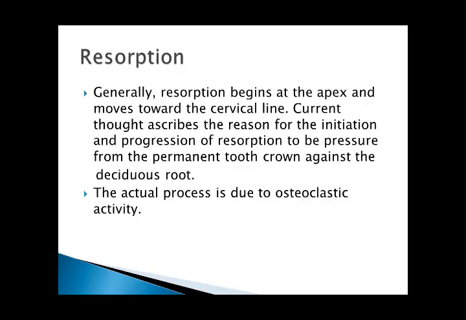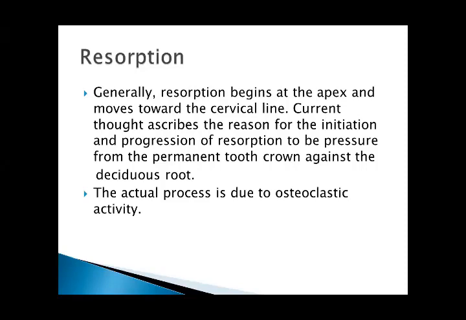Generally, resorption begins at the apex and moves toward the cervical line. One theory ascribes the reason for the initiation and progression of resorption to be pressure from the permanent tooth pushing down against the deciduous tooth. The actual process is due to osteoclastic activity.